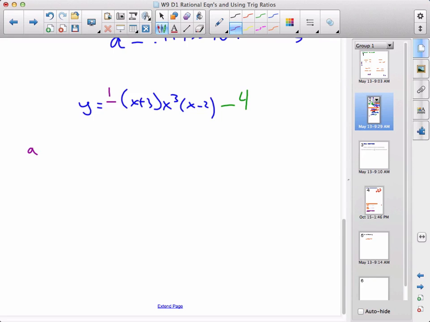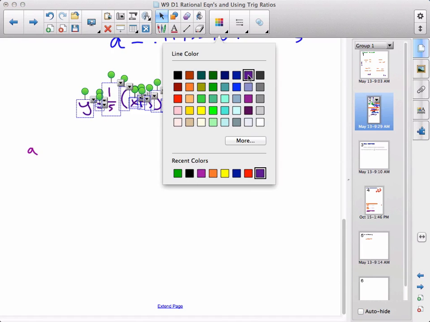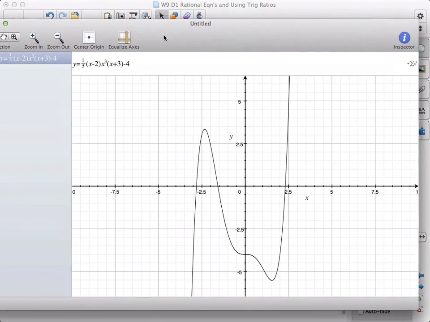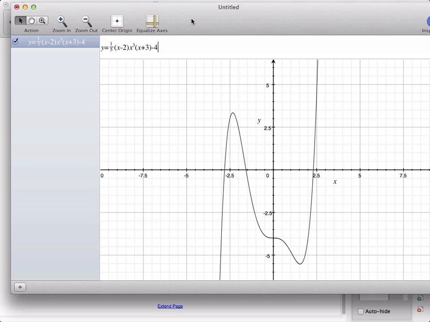Why not just rewrite it? 1/5 times this. We'll make the whole thing blue because we can. Maybe purple even, because I like that color more. Are we done? And now let's bring in the original: 1/5 times (x minus 2) times x cubed times (x plus 3) minus 4. Are we done?